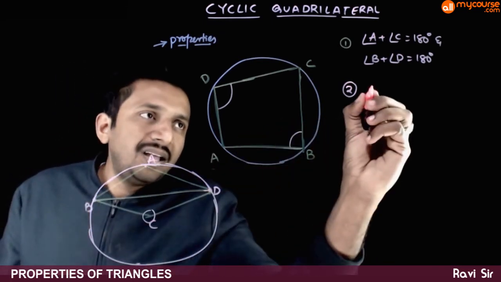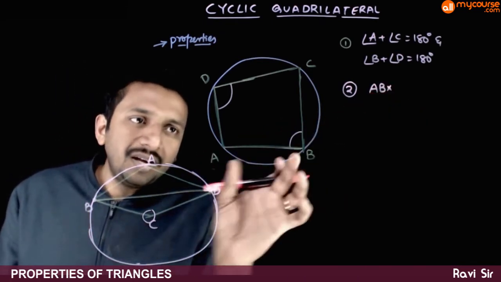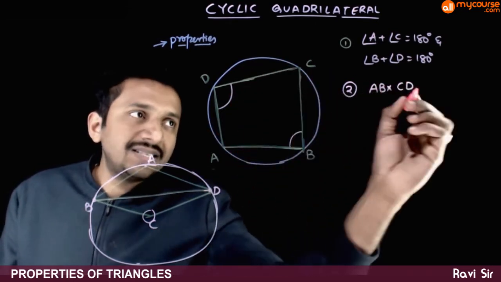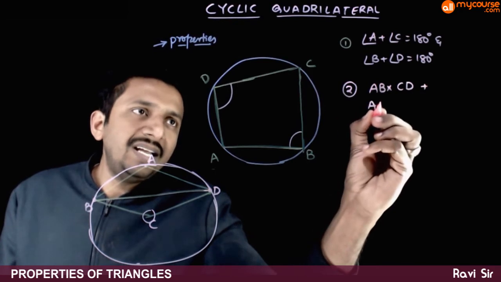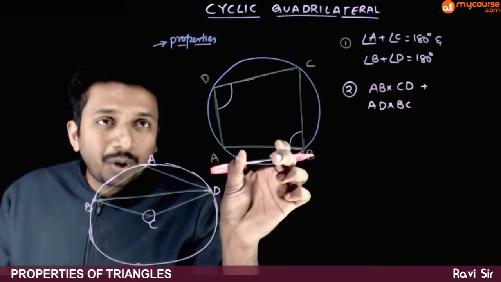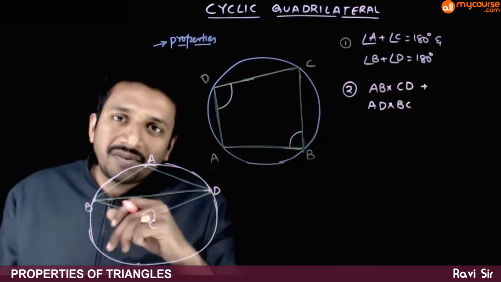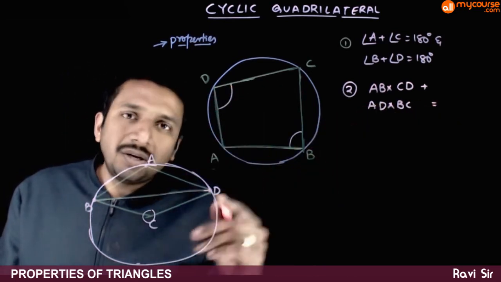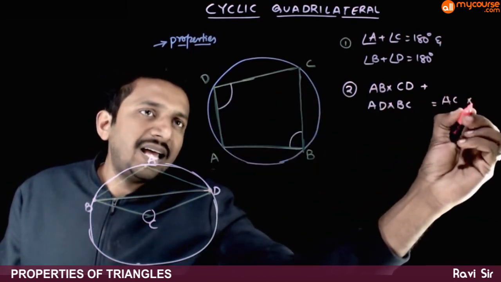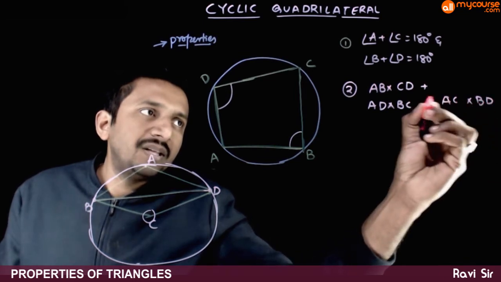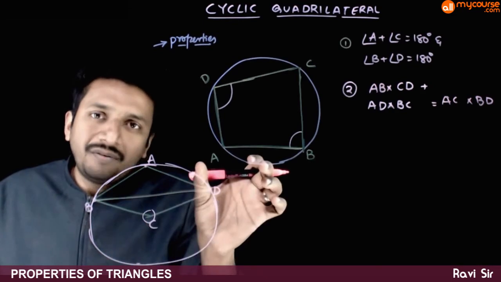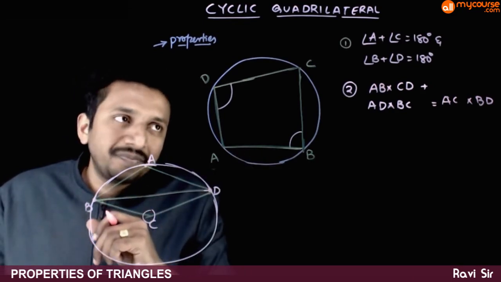That is, AB times CD plus AD times BC is equal to the product of the diagonals, AC times BD. So this is the second property of the cyclic quadrilateral.